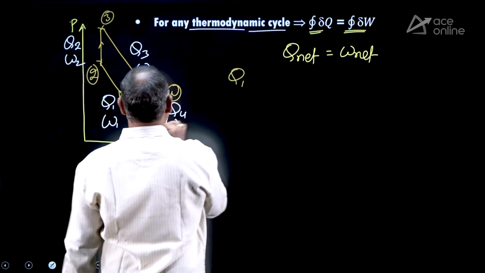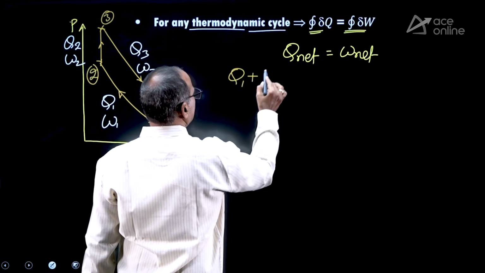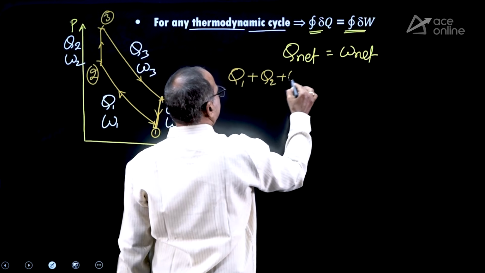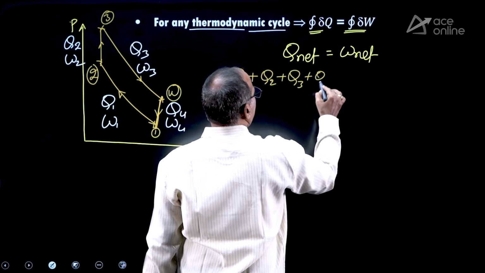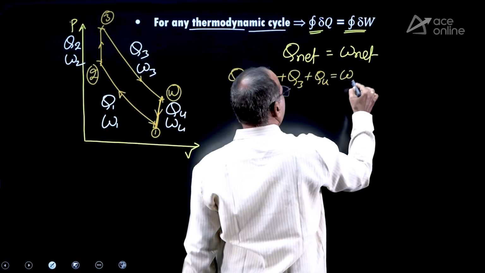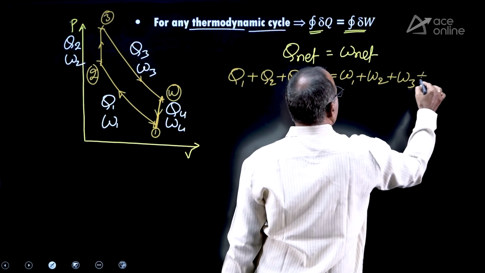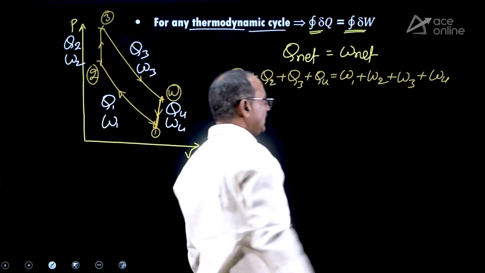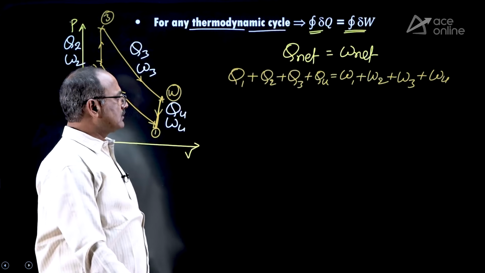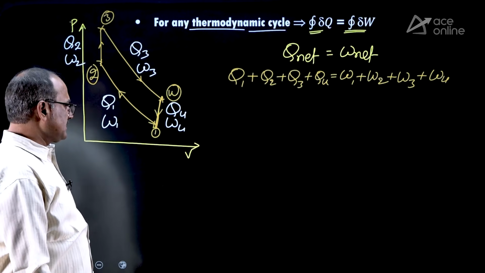It means Q1 plus Q2 plus Q3 plus Q4 must be equal to W1 plus W2 plus W3 plus W4. That is the meaning of net heat transfer equal to net work transfer for any thermodynamic cycle.